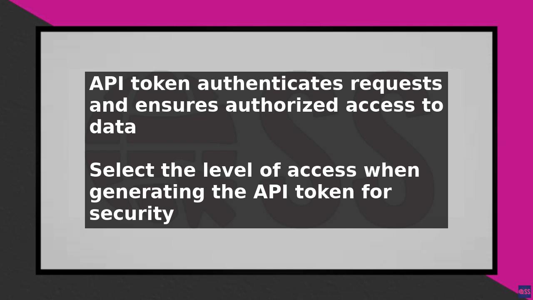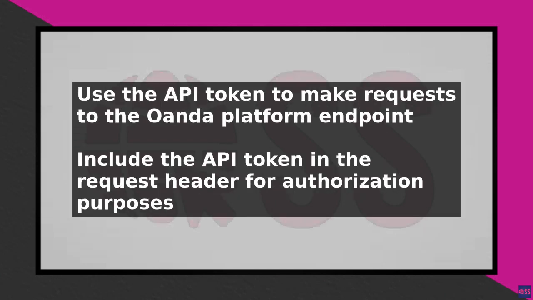To make an API request, you will need to include the API token in the request header. This is typically done by including an authorization header with the value Bearer your_API_token. You will also need to specify the request method, such as GET or POST, and any required parameters or data.